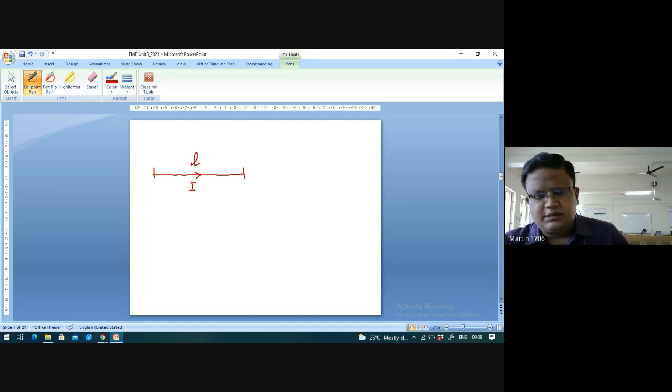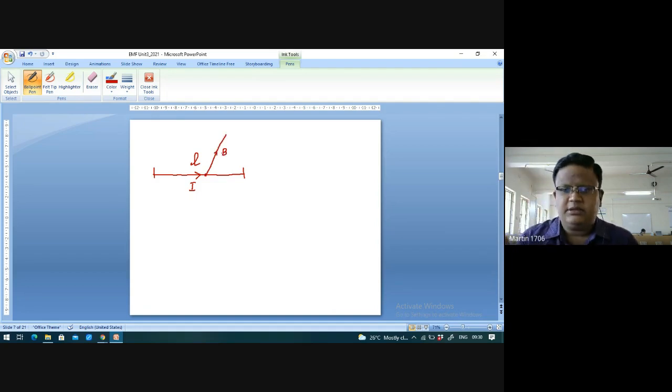Once the current flows into the conductor, a field will be induced, and a magnetic field will be there. Since we are dealing with the magnetic field, I am talking about the magnetic field alone, but the electric field is also there along with it. If I routinely mention the electric field, don't get confused. In this module we mainly focus on the magnetic field.